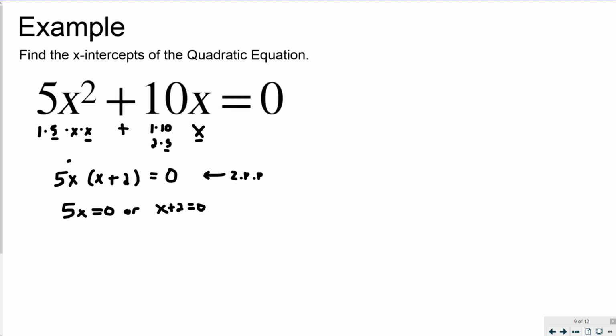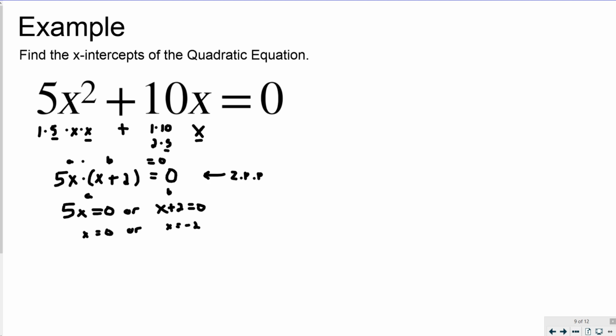Because remember, the zero product property says that if a times b equals 0, then a equals 0 or b equals 0. A is this expression, b is this expression. So then dividing by 5 over here, I get x equals 0, or subtracting 2, x equals negative 2.